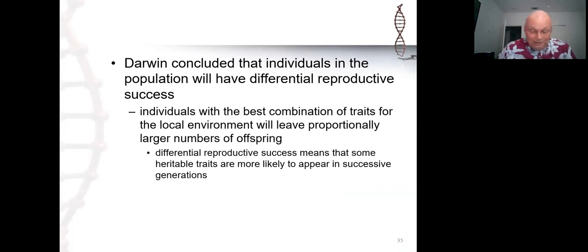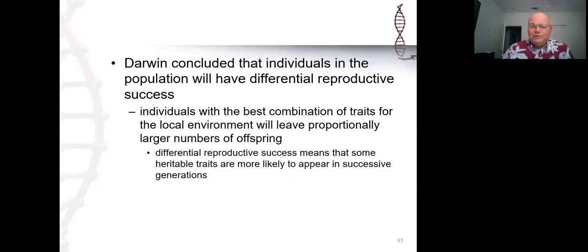Well, Darwin realized, and so did Wallace, that the winners are going to be those individuals with the differences that give them the advantage in the utilization of the available resources. Because some individuals are going to have a combination of traits that allow them to utilize the available resources much more effectively than other individuals.